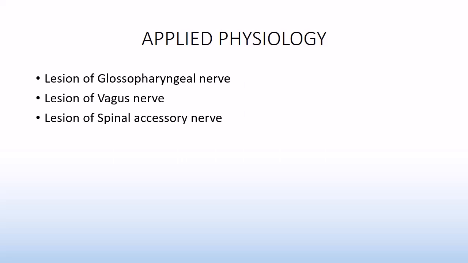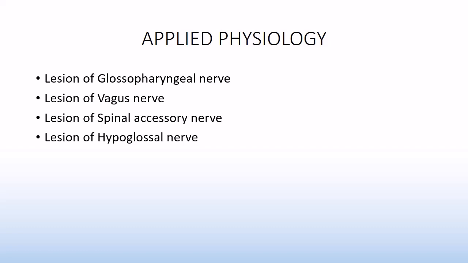Then the next is lesion of the hypoglossal nerve. Now the hypoglossal nerve supplies various muscles of the tongue, so a lesion will lead to abnormality in various movements of the tongue. It can be either unilateral or bilateral. A unilateral lesion will lead to the tongue being pushed to the paralyzed side.